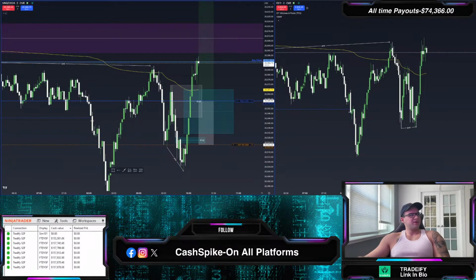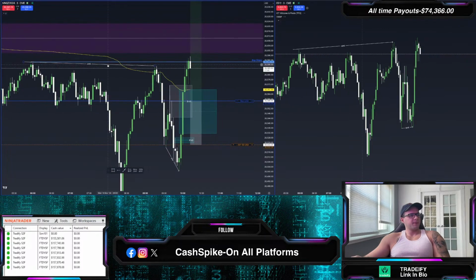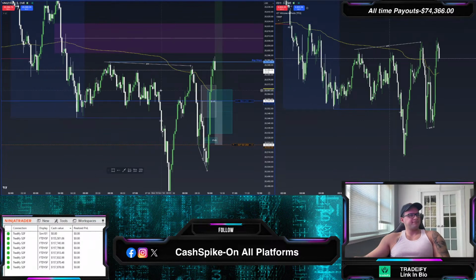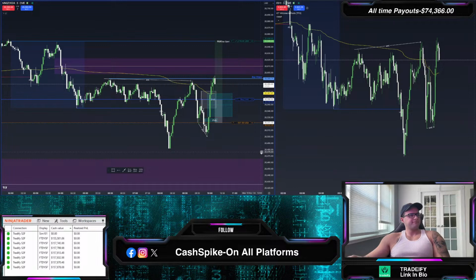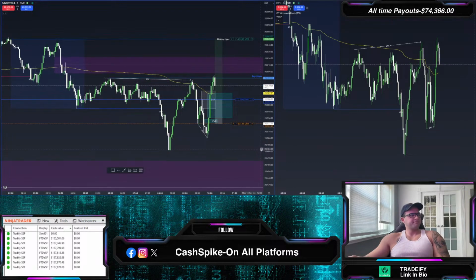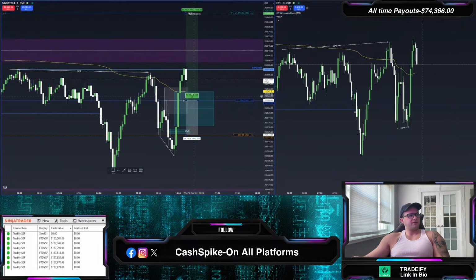I mean, 3-minute inversion here. Why not? Could have put the buy in here on the inversion, but it's not different. We're just taking block to block. It's about the same thing.